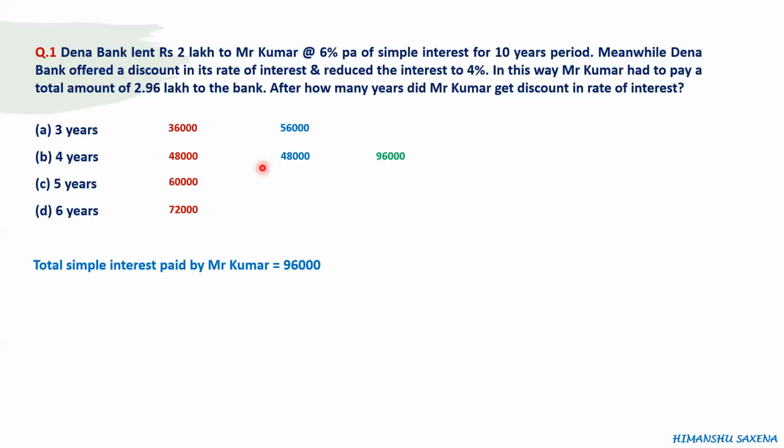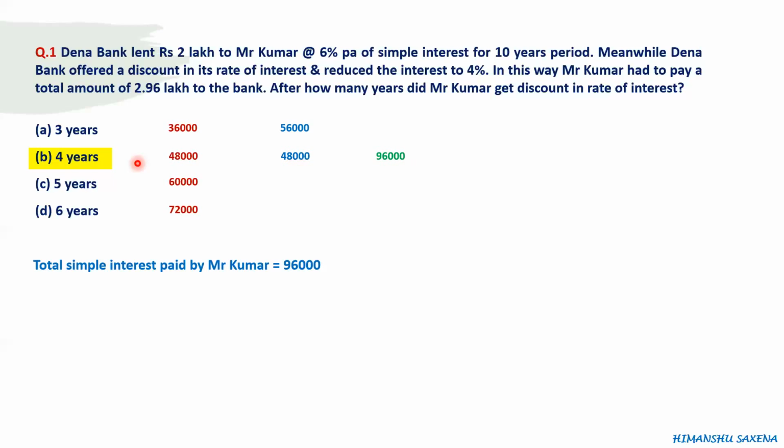So you can easily take option B here, because this is giving you 96,000 rupees interest in 10 years at these interest rates. So our answer would be B, 4 years. You don't have to go further. You can stop here and write the answer.